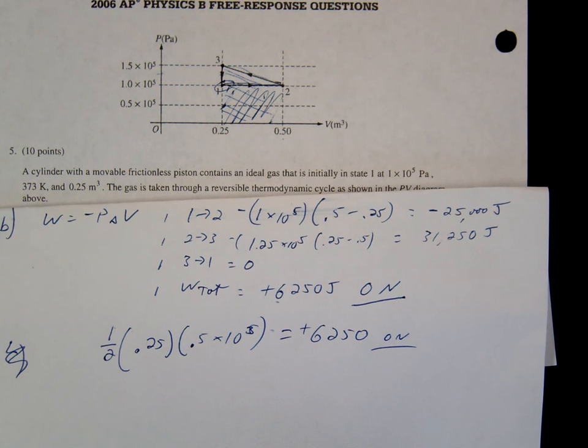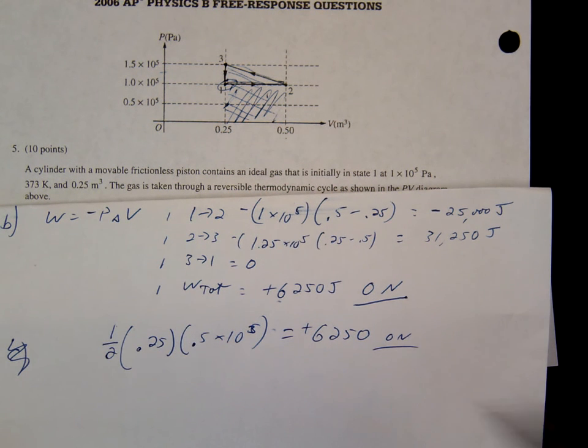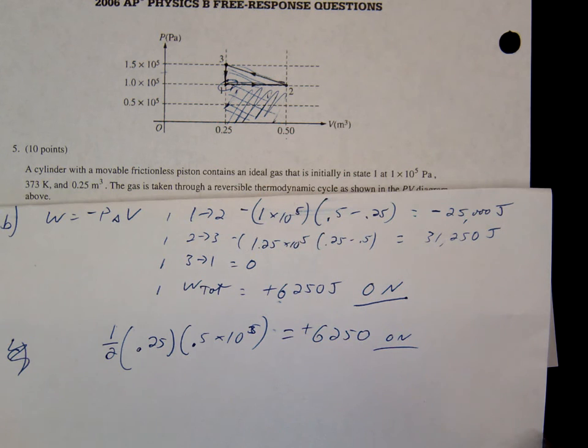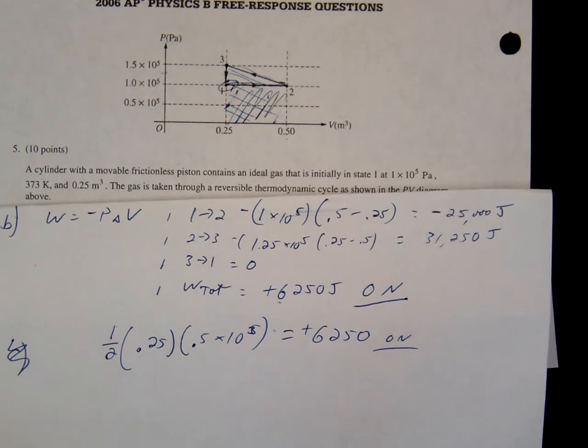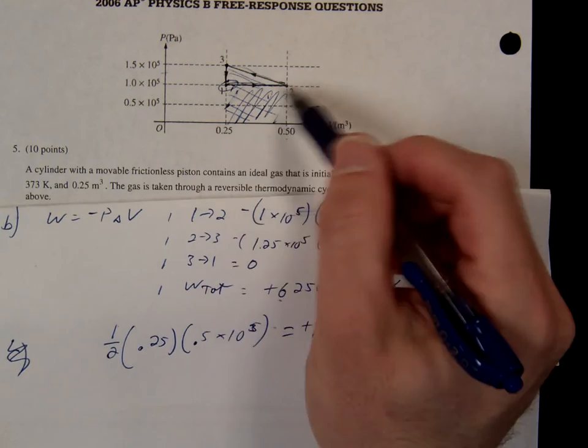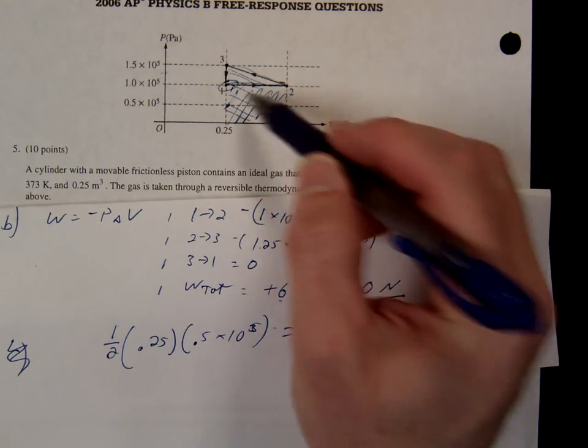If you just do the area enclosed by the triangle, would you get all the points? You would, yeah, as long as you're showing where that answer is coming from. If you say the net work is the area enclosed by the curve, and then you just did it. But if the triangle is flipped, one dimension would be negative. The arrows are important, so you would have to know which one dominates here.